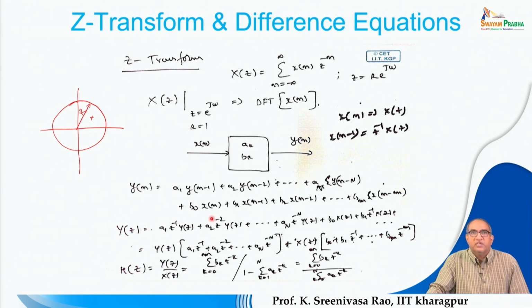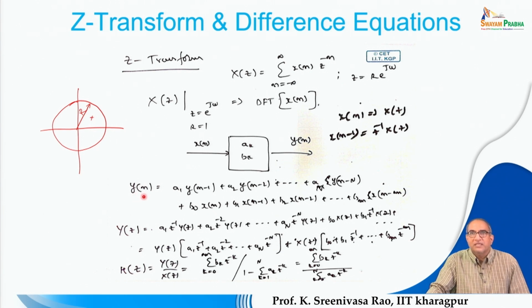And our objective is that, if we want to design a system, we need to design these a k's, that is a1, a2, a3, up to aN, and b k's, b naught, b1, b2, up to bM. We need to estimate these weighting factors in such a way that the output will be predicted very close to the actual one, because based on the preceding outputs and present and preceding inputs, by appropriately scaling them, we can estimate the present output.